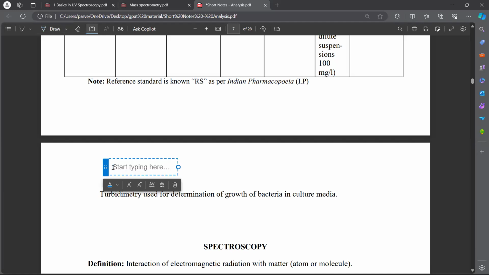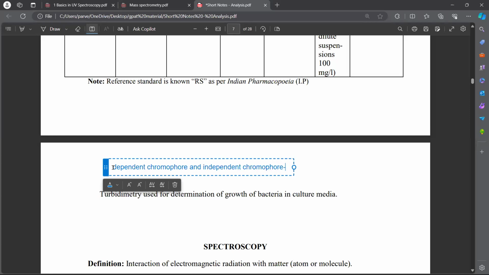Dependent chromophore and independent chromophore. Do you guys have any idea about these two?